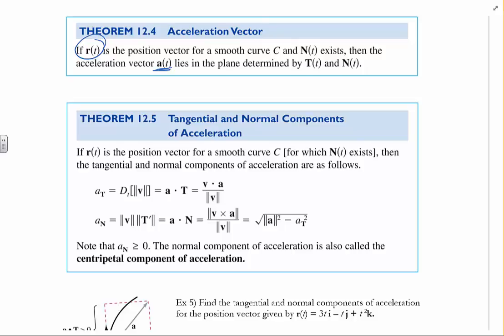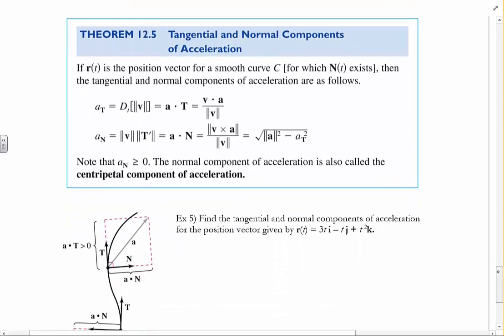And acceleration isn't just one single thing. There are actually different components of acceleration, and this part I found interesting. There's something called the tangential and normal components of acceleration. So if r of t is the position vector for a smooth curve C, for which N exists, then the tangential and normal components of acceleration are as follows. The tangential component of acceleration is the derivative of speed.